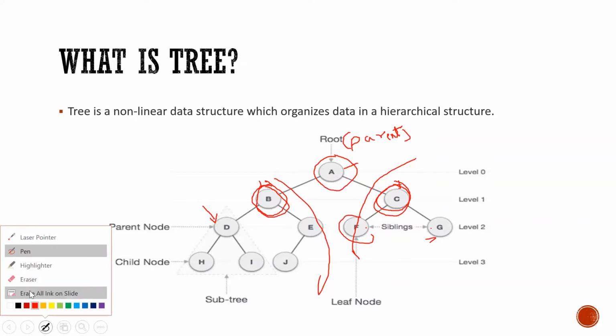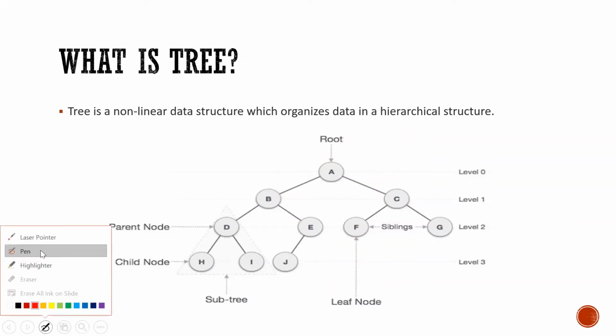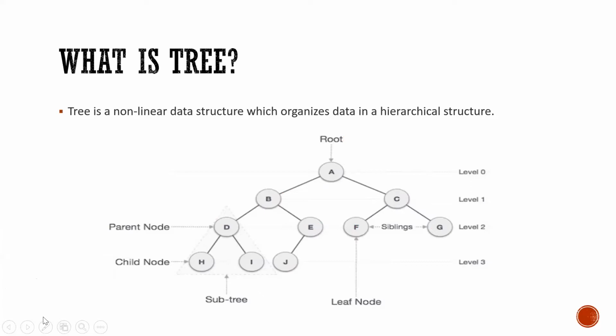Let me tell you again. This is the parent node A, its left node is B and right node is C. The node on the left side of the parent node or root node is known as the left node, and the node on the right side of the parent node is known as the right node. Is it clear?